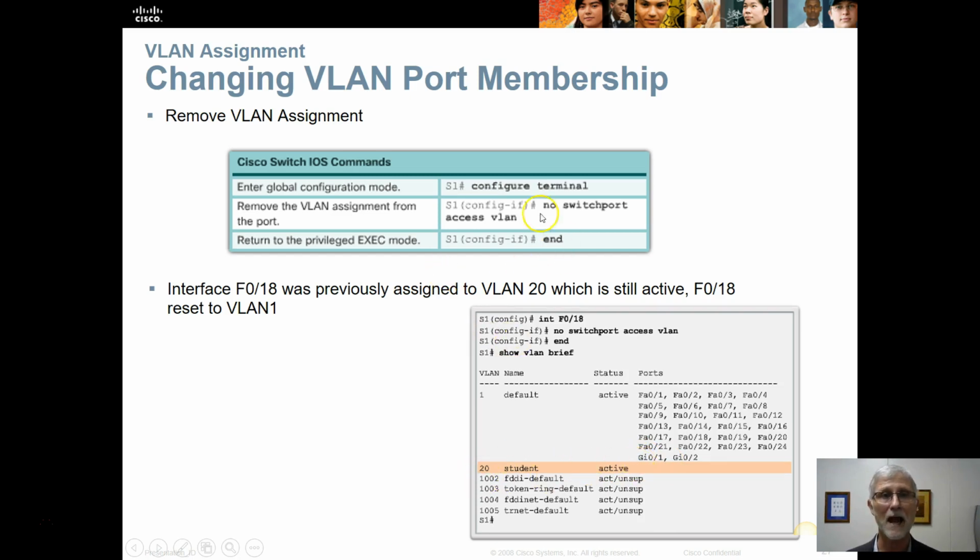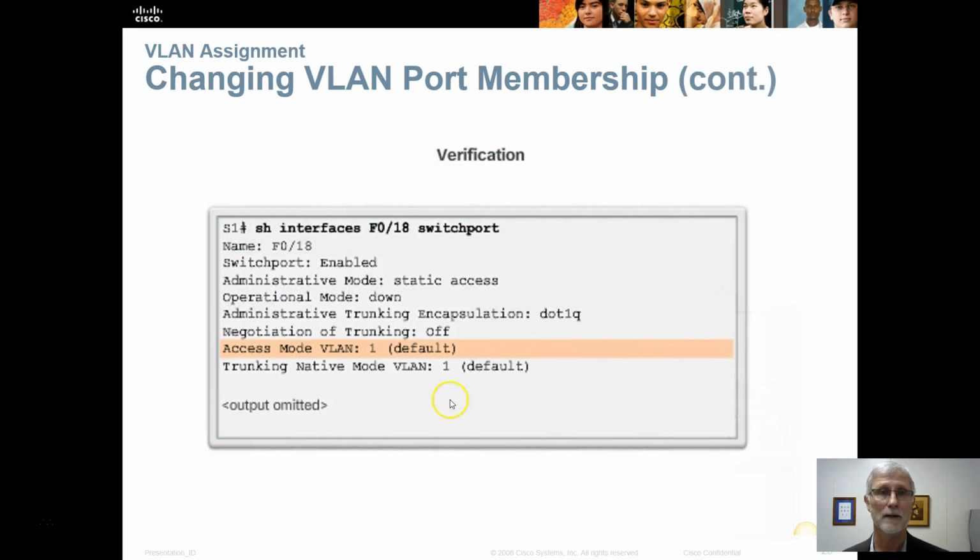Even though I removed the VLAN assignment, it did not remove the VLAN. The VLAN still exists, it's still in our database, but I've now reset port 18, and 18 should be sitting back under the native VLAN.